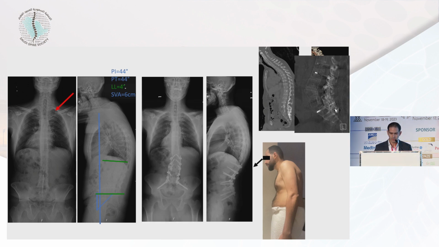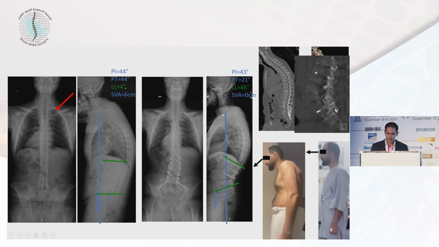And so in this case, the domino may be inserted either on the right side or on the left side at your convenience. After the closure of the osteotomy, you can achieve a very satisfactory triangular shape of the vertebra, achieving a satisfactory alignment after the surgery with a lumbar lordosis of 46 degrees, and most importantly, actually, a normal horizontal gaze for the patient.